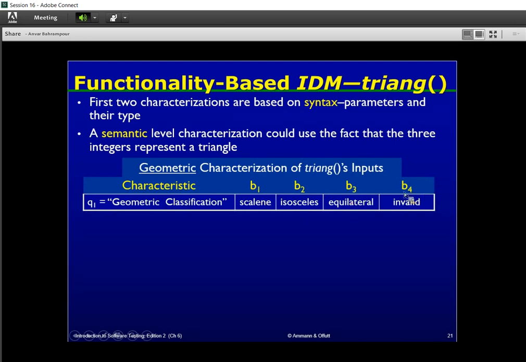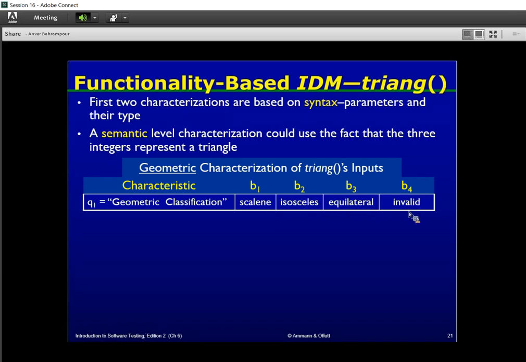Partition our domain into 4 blocks. As I said, 1 block for scalene triangles, 1 block for isosceles triangles, 1 for equilateral triangles, and 1 for invalid triangles.